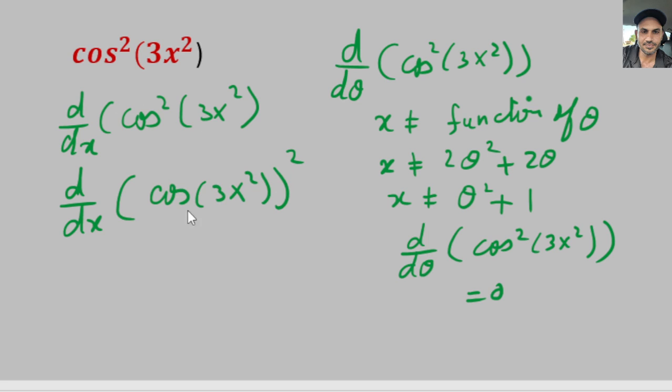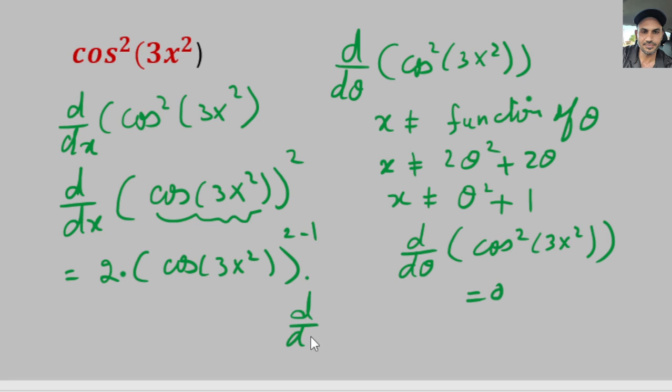Now we have a power rule here, so we have a function inside and a function outside. The derivative of this is going to be equal to 2 times cosine of 3x squared to the 2 minus 1, times the derivative of the inside, so d over dx of cosine of 3x squared.